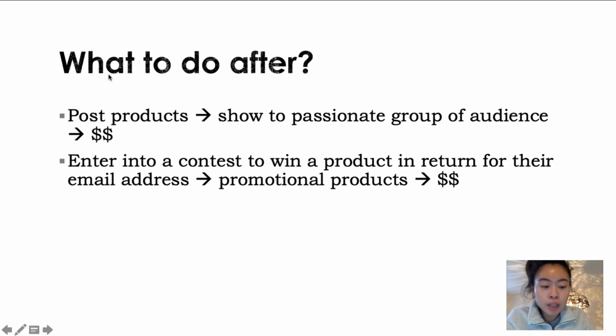Once you have 10,000 followers, people who are already passionate about your niche, you can start actually posting products. And I always stick to the 80-20 rule. 80% of your content is supposed to be memes and informational videos, and 20% is selling. Do not always sell your products. So 20% of all your posts should just be your products, all right?